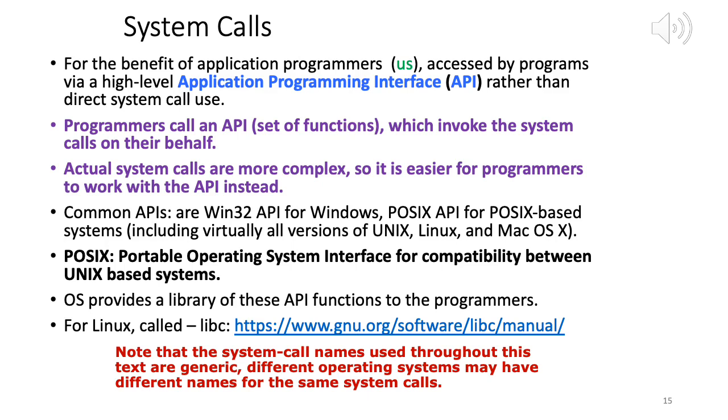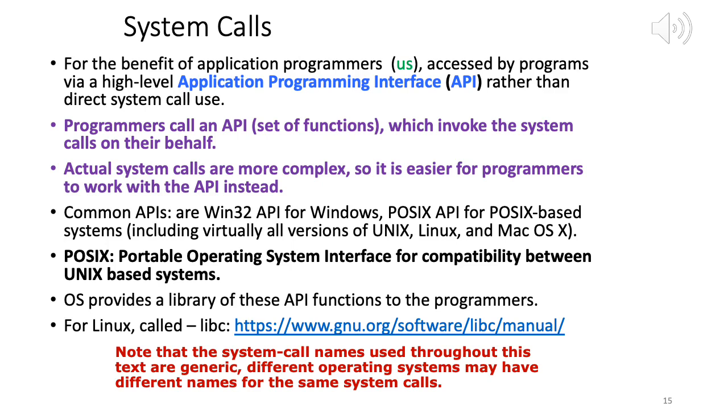You have APIs for character handling. If you want to convert a character from lowercase to uppercase, there's a function for that. For memory management, there are APIs too, and so on. Sockets, arithmetic functions, and so on. For a list of all APIs, you can visit this website.